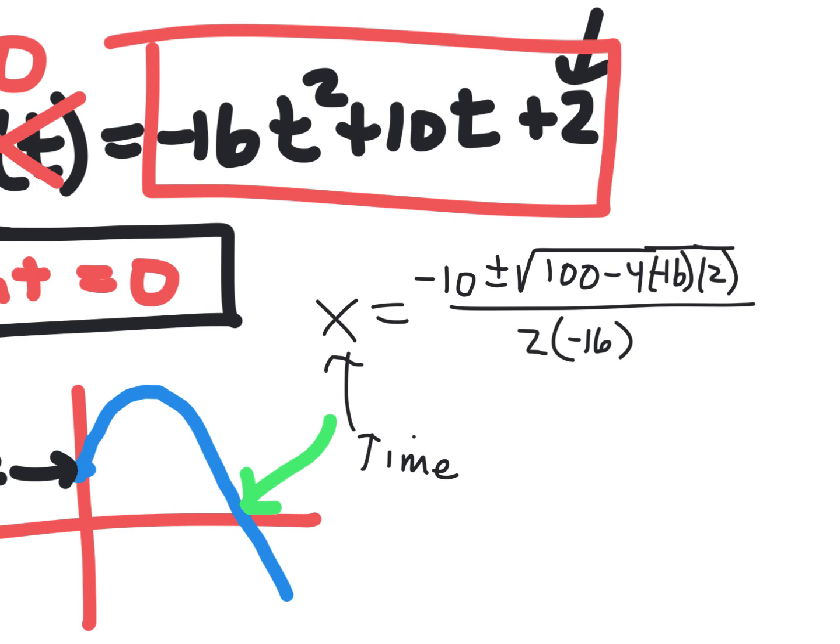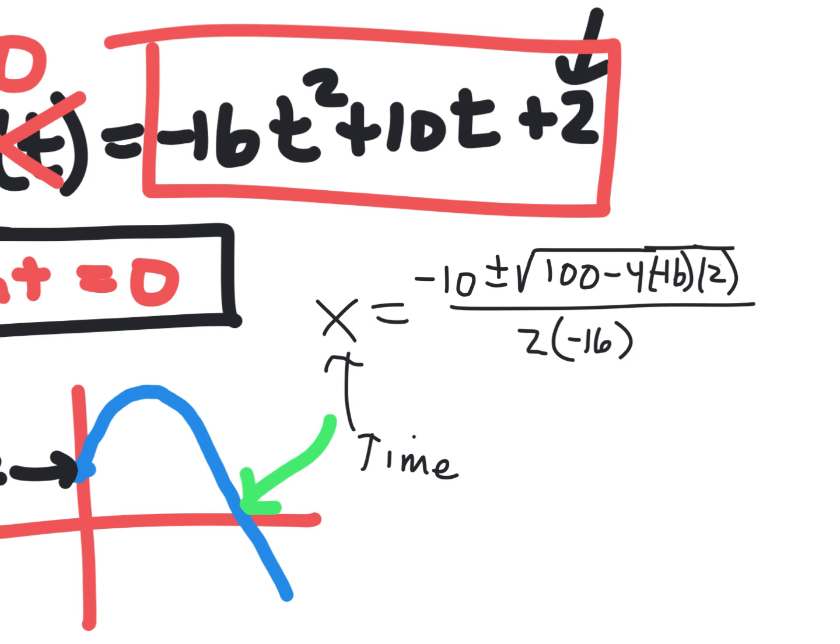Now, another thing I got a lot of questions about last night was, but I get two answers. Okay, if you get two answers and one of them is negative, negative time doesn't exist. If I say that happened at time negative 4, there's no such thing. So if you get two answers and one of them is negative, you just get to throw it out.